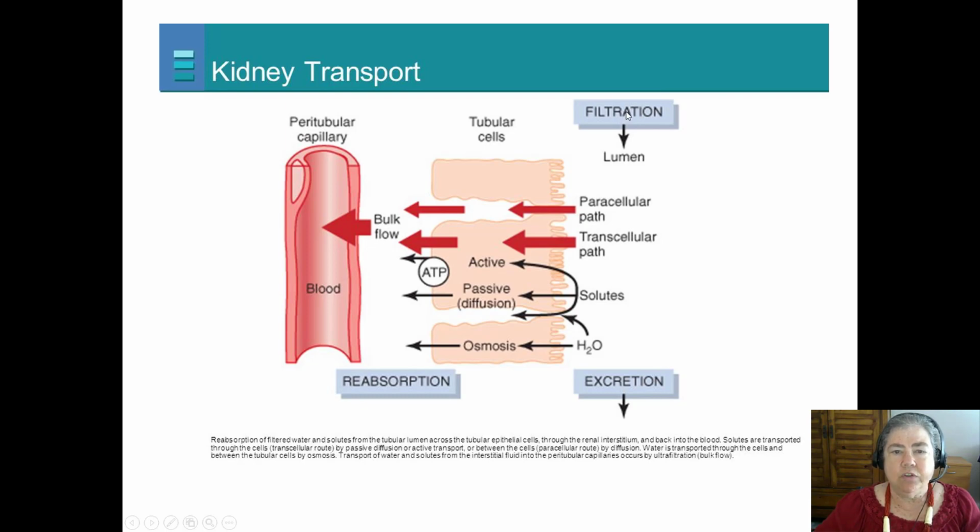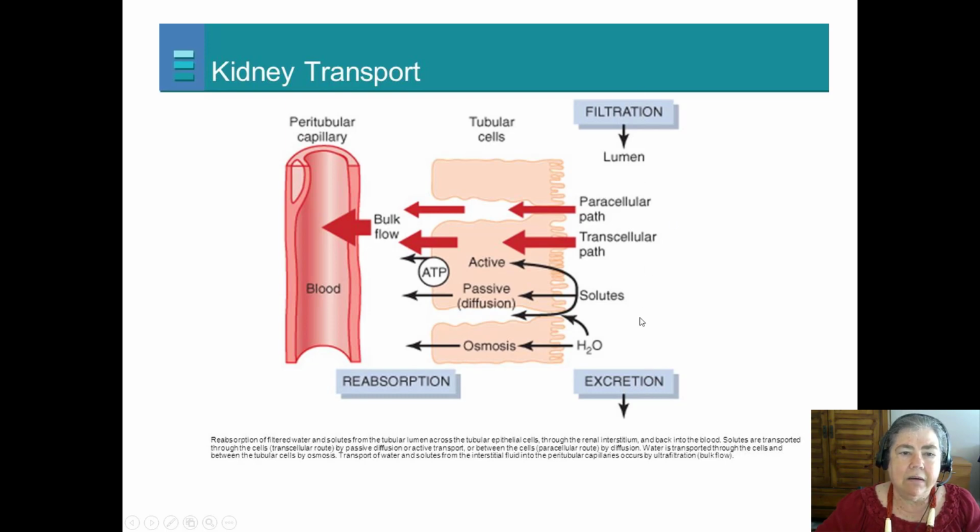Substances can be reabsorbed in different ways. They can be reabsorbed by activities that take them through the cell. In some cases, they are reabsorbed between the cells, and that's called the paracellular path. They can diffuse. They can move by osmosis.